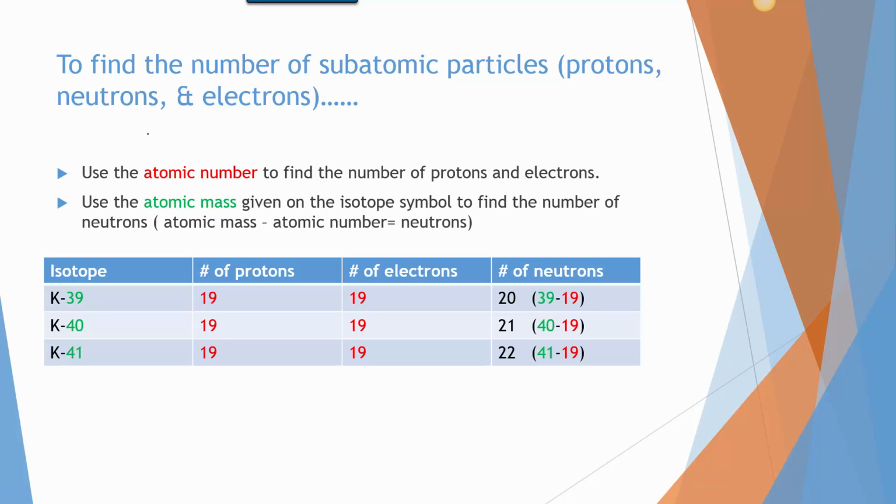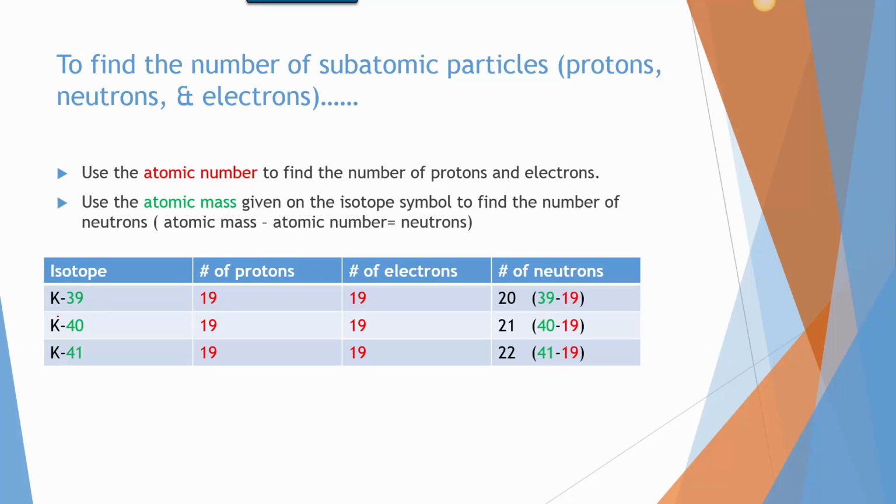Okay, so to find the number of subatomic particles, that would be the protons, neutrons, and electrons, you're going to do just like we've done before, using the atomic number to get the number of protons and the number of electrons, because on the periodic table, the number of protons and number of electrons are equal to one another.